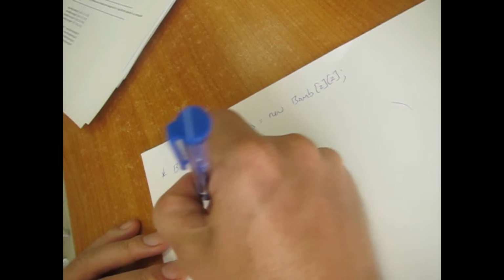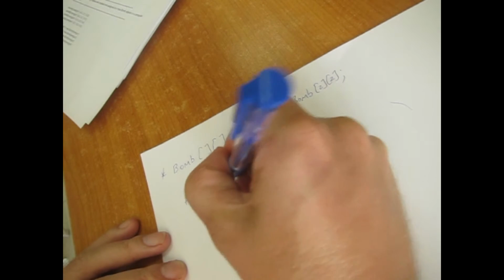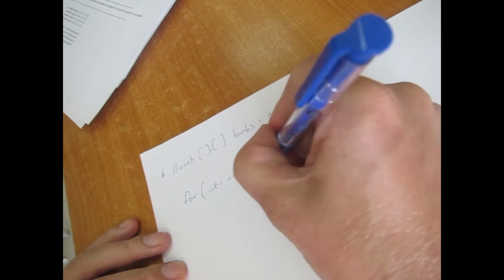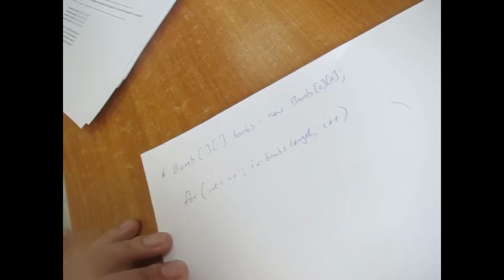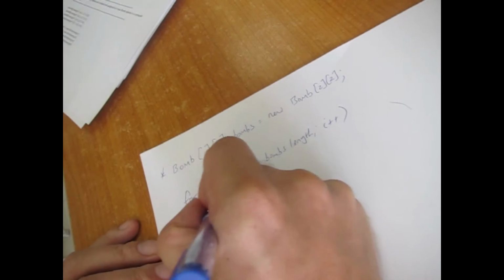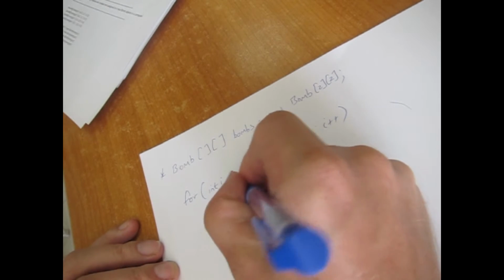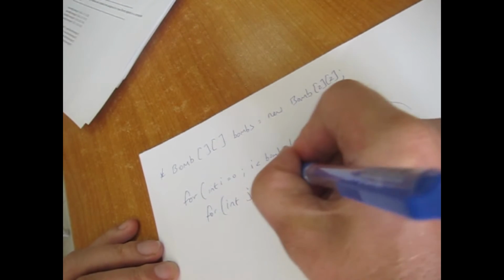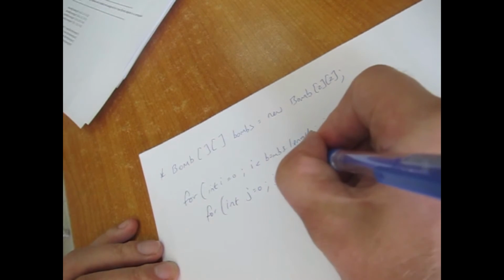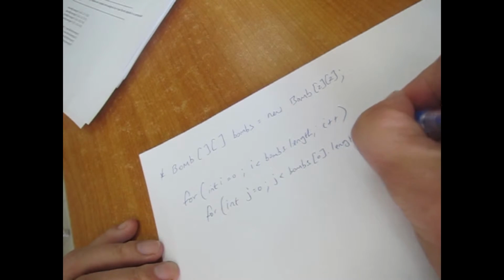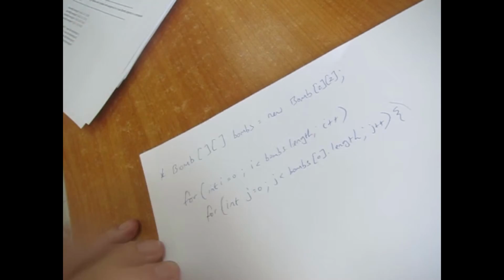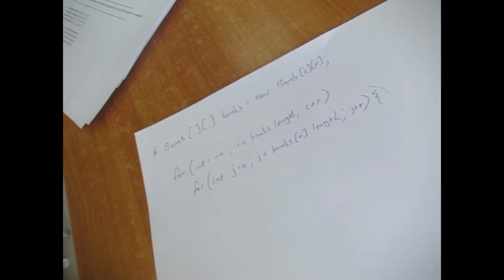I'm going to create a nested for loop, with BOMs.length, i++. So here we have a nested for loop. This will allow me to incrementally go through the two-dimensional BOM array.